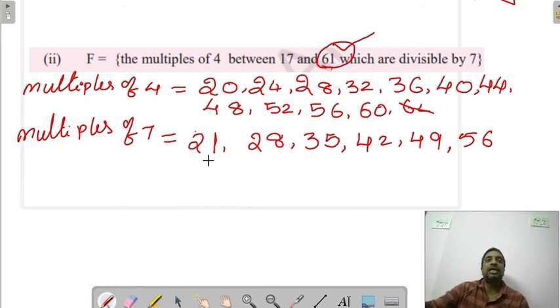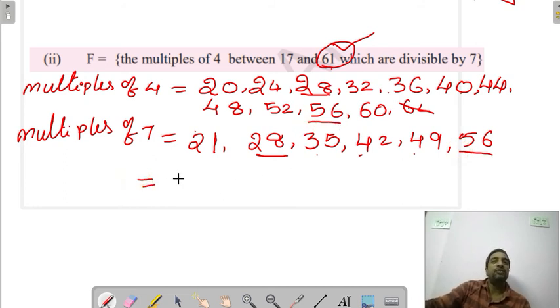We should select the numbers which are common to 4 and 7, because he is asking for F as multiples of 4 which are divisible by 7, which means multiples of 4 and 7. So 21, no. See, underline this. 28, yes. 35, no. 42, no. 49, no. 56, yes. That's it.